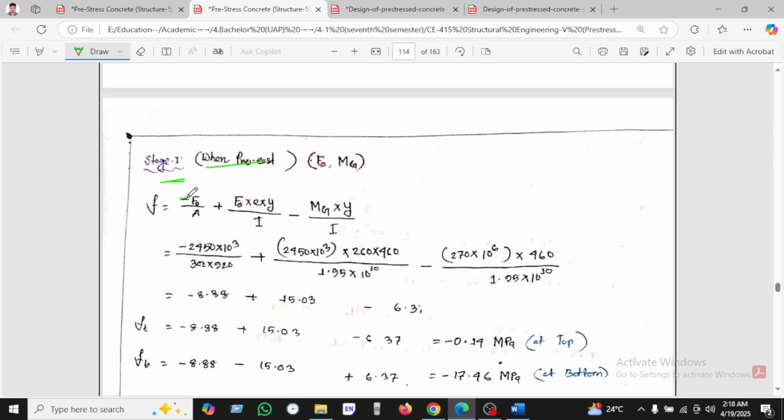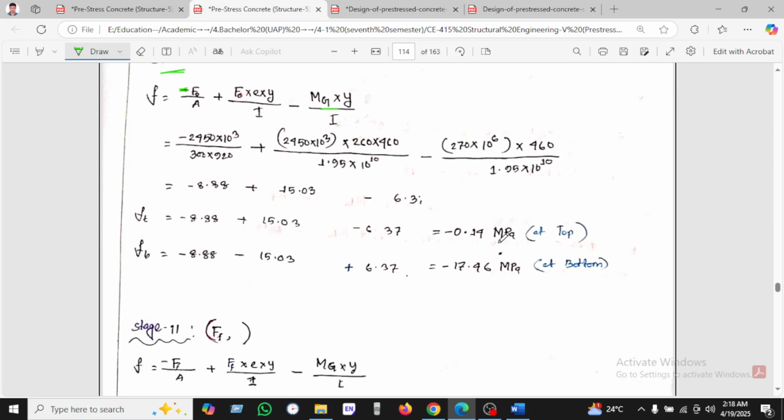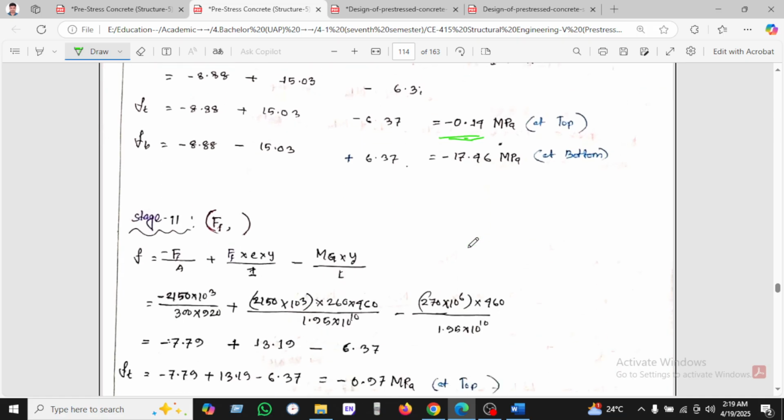That's why f will be minus F divided by A, plus or minus F0 into e into y divided by I, and minus the girder moment into y divided by I. Putting in all these values, we found 0.04 MPa, which is close to 0, at the top, and minus 70.46 at the bottom.